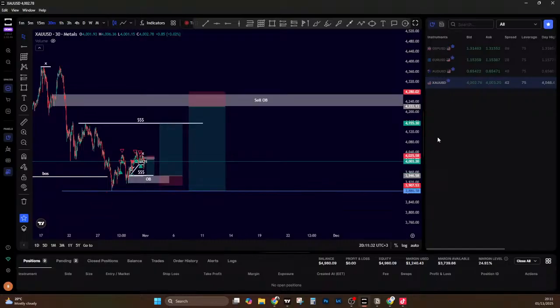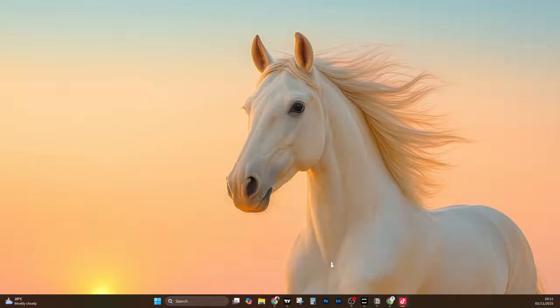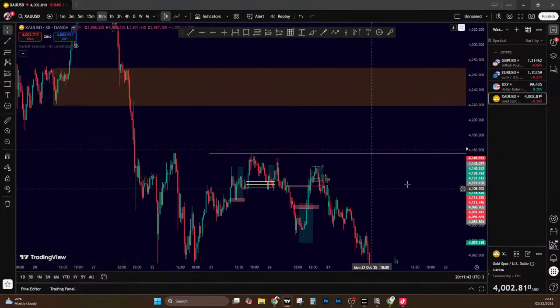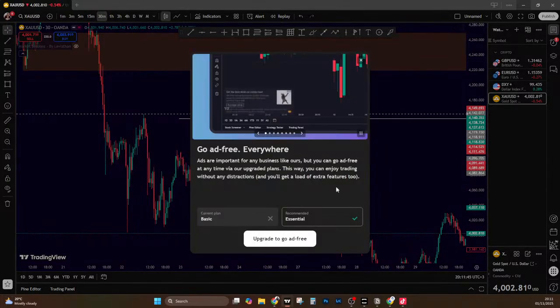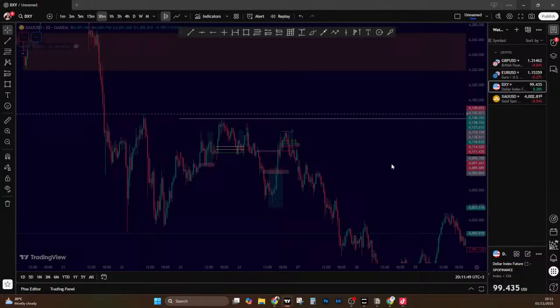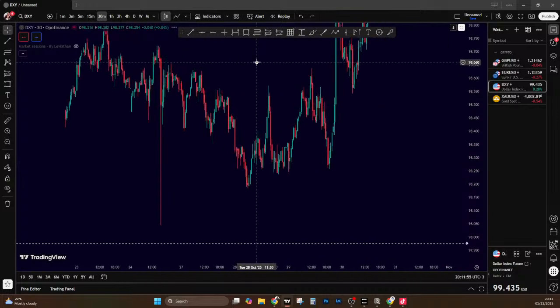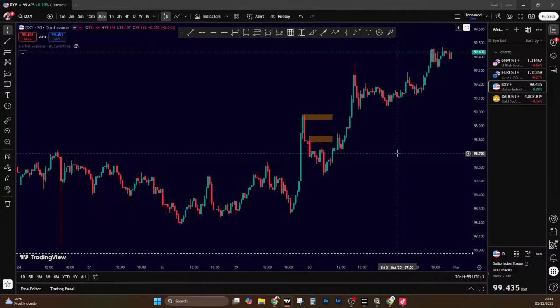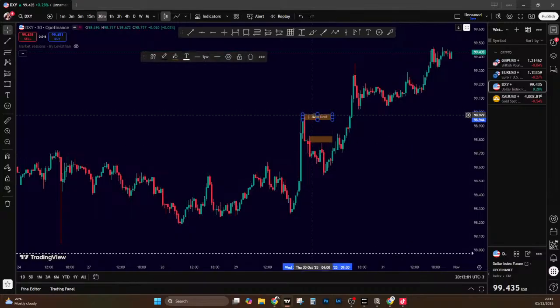So let us try to look at dollar index. This is the mover and shaker of EURUSD and gold.